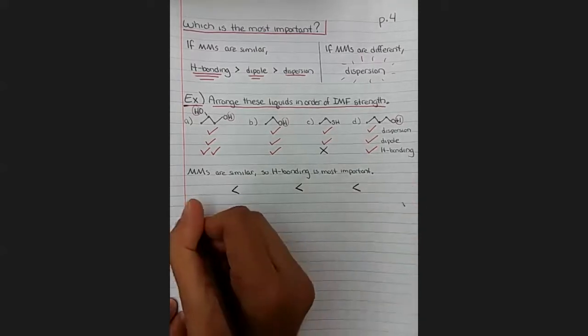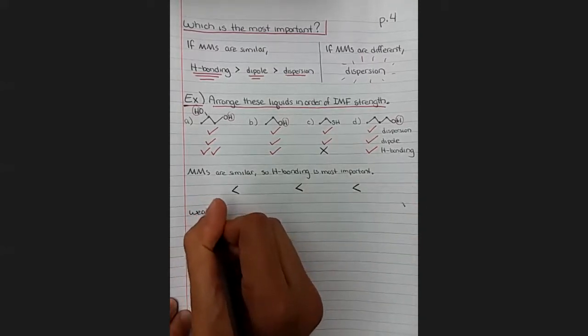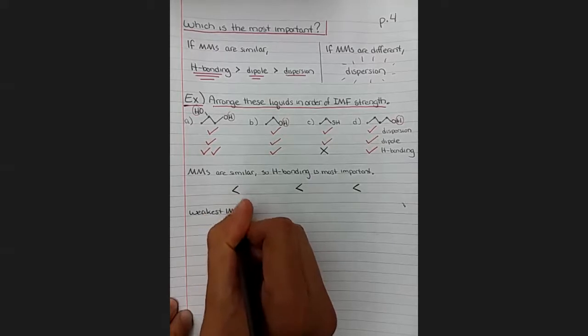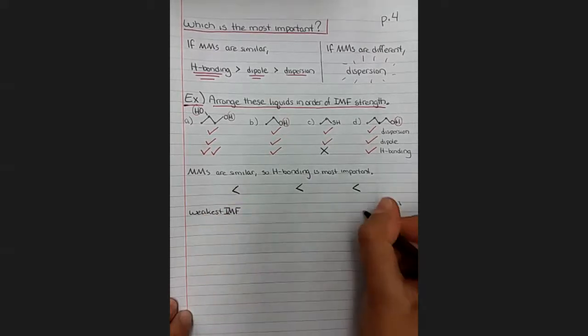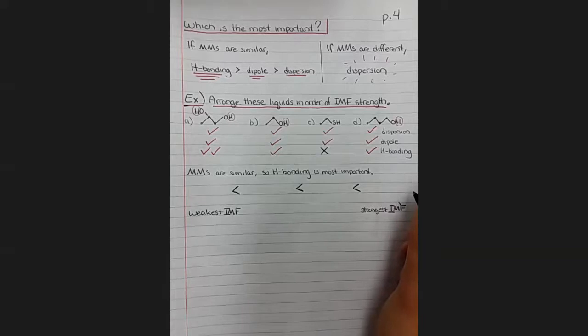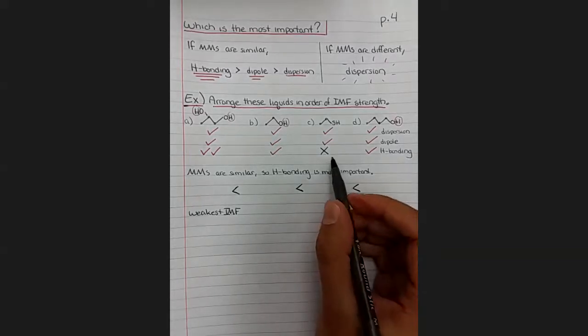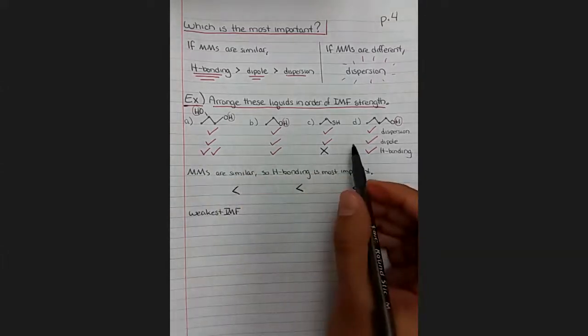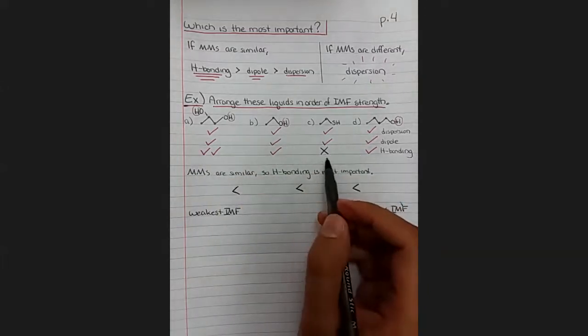So we're going to rank them from weakest intermolecular force strength to the strongest. Okay, so there's a couple of things that stand out right away. The first is this big X. Everything else about these molecules was the same, except for molecule C did not have any hydrogen bonding.